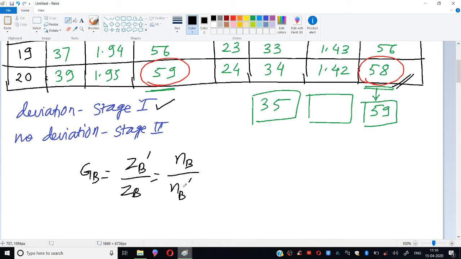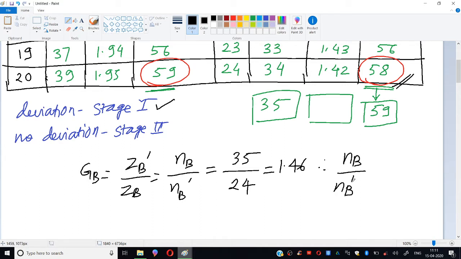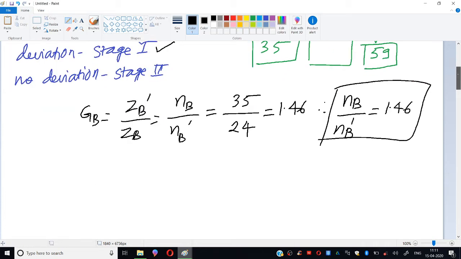ZB dash value is 35 and ZB value is 24, so its value will be 1.46. Therefore NB upon NB dash will be 1.46. This is the formula that we are going to use.